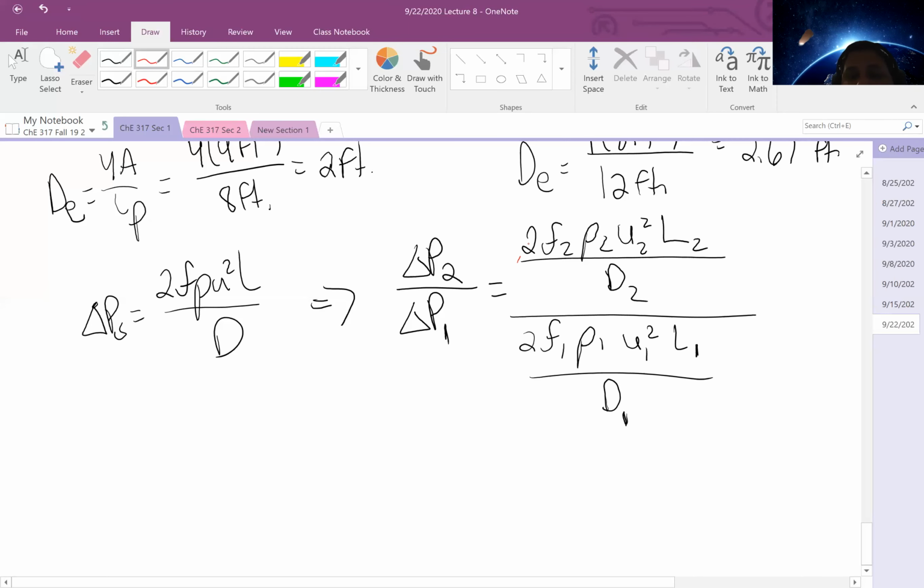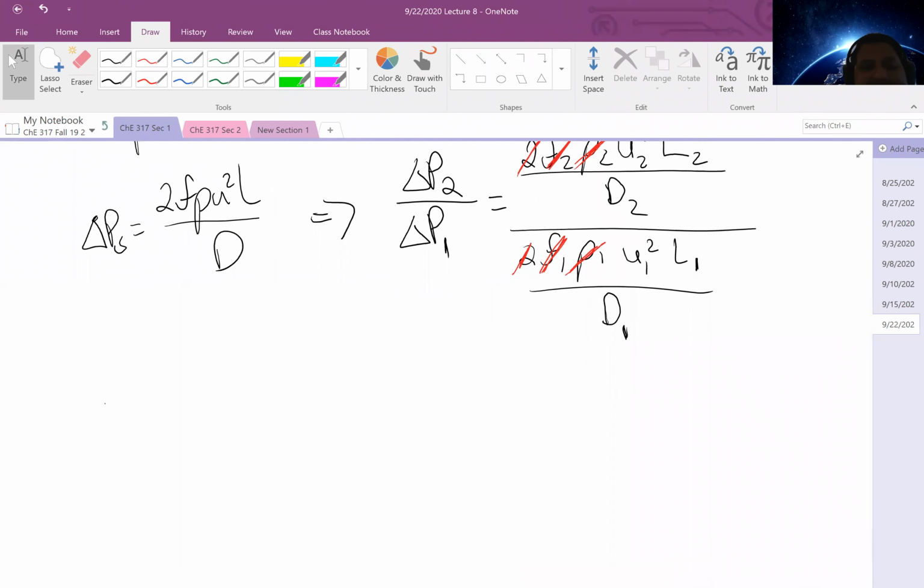Well, the constant I can neglect. If I can assume that my velocity, while changed, may not change the friction factor significantly, I can assume my friction factor is constant. Also, for this system, focusing strictly on the design change, I'm going to assume the density is constant. And what this leaves me with is an expression that looks like this.